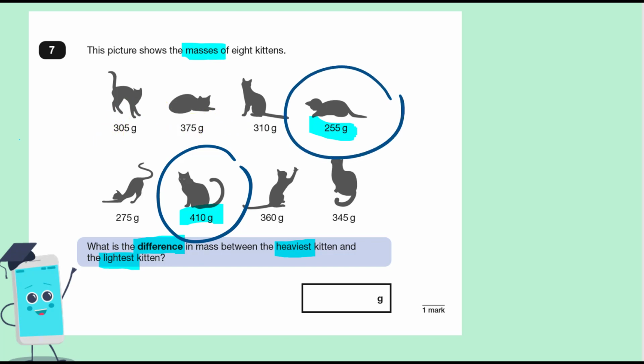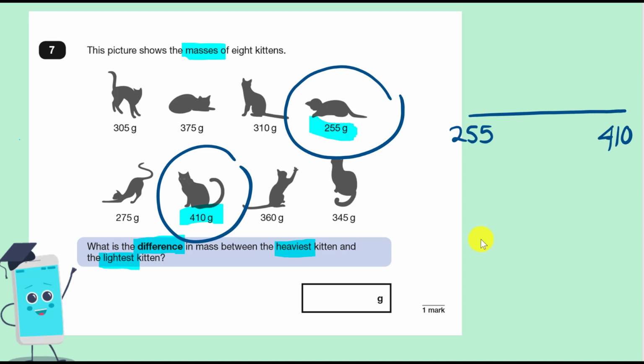We have found our lightest and our heaviest kitten. So we need to find the difference. Again, using a number line is a good way to find the difference. We have our lightest amount at the beginning and our heaviest amount at the end. And we can simply find the difference by jumping up in between.